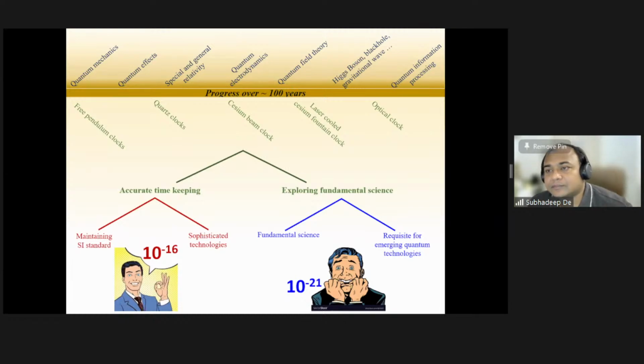Sir, my question is, when we synchronize a satellite clock with a clock at rest on the surface of a rotating Earth, do we also need to apply the relativistic effects? Absolutely, absolutely. These are actually already corrected. The GPS receivers have all these algorithms and they correct it. Your question is actually very correct.